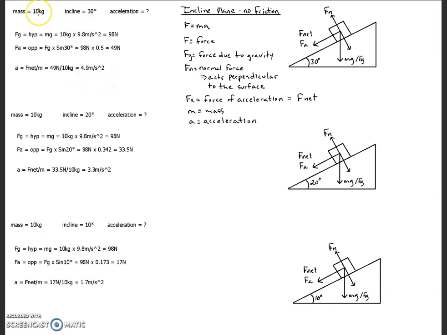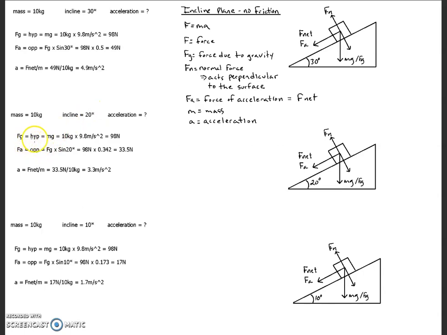So if we take the same weight, we'll just change the incline a little bit. Notice the 30, so we have fewer degrees. You may instinctively realize that it will accelerate at a lesser rate.